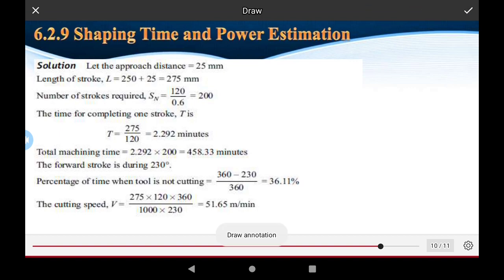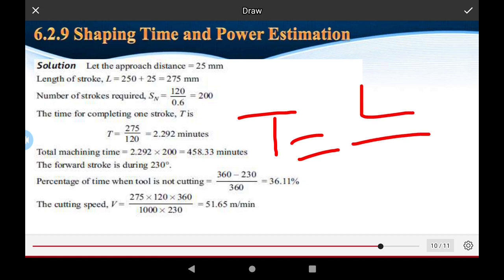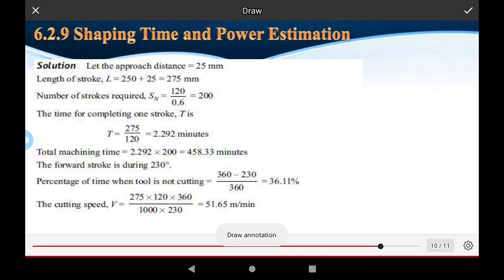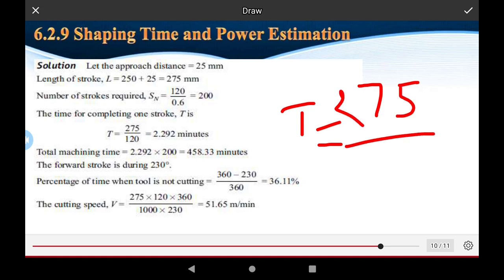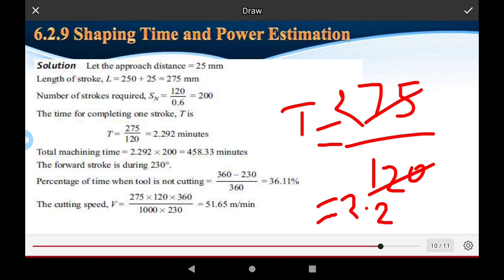This is the capital T. Capital T equal to total length L upon N, where N is the number of strokes. Putting in the values, capital T equal to 275 upon 120 strokes, and we find the value 2.292 minutes.